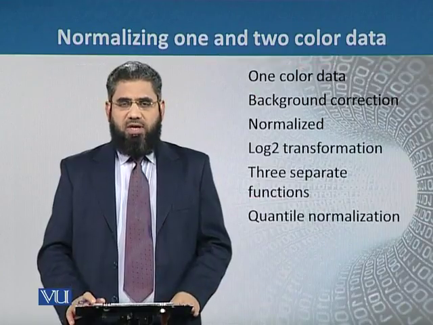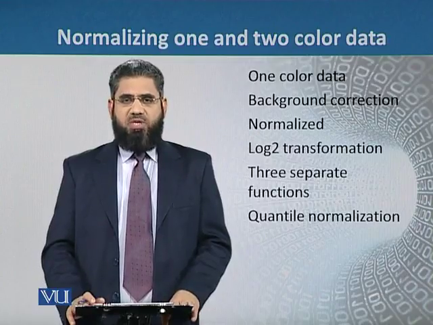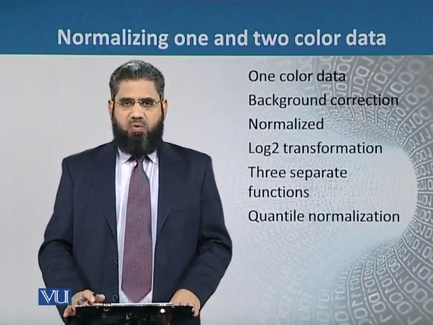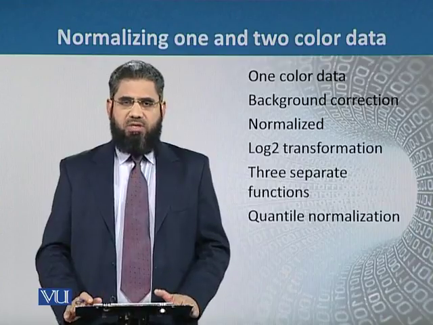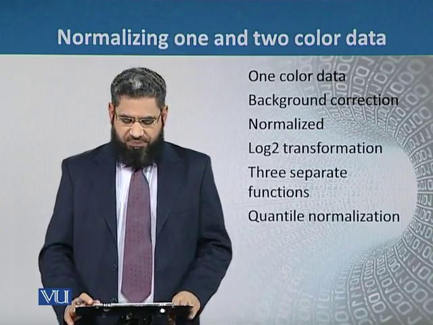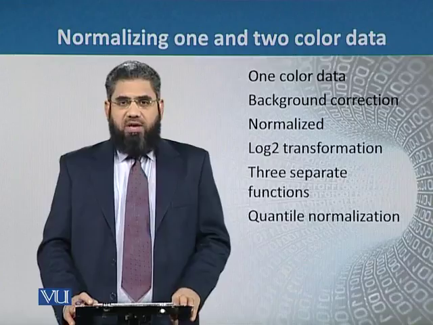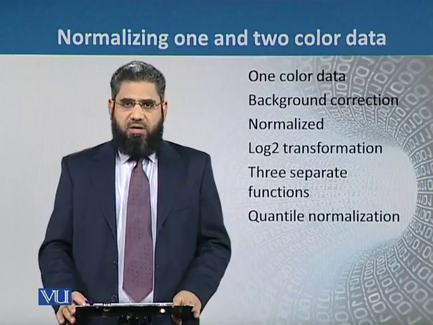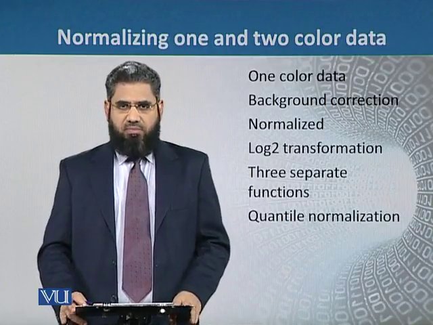For the 1 color Agilent data, the same process will be applied. That is, we have to do the background correction and then the data will be normalized. But we cannot visualize the data for the 1 color Agilent.